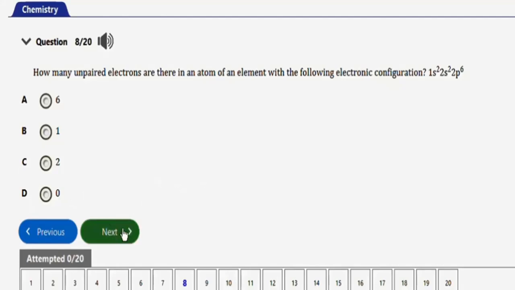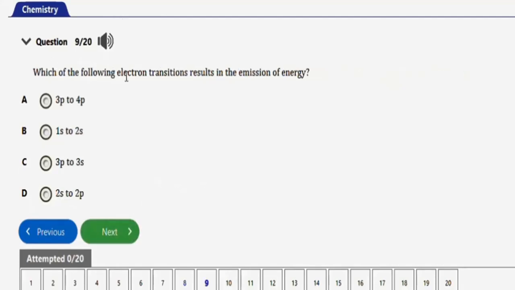The next repeated question is this one. It says which of the following electron transitions results in the emission of energy? So when you talk about the emission of energy, from the options we have here, the emission of energy will occur from the higher orbital to the lower orbital.